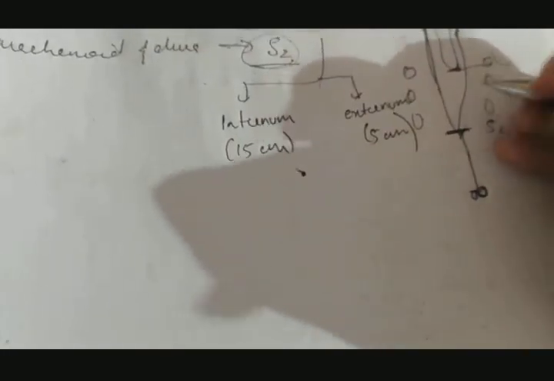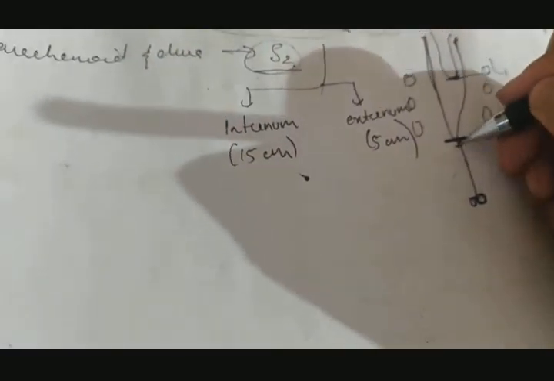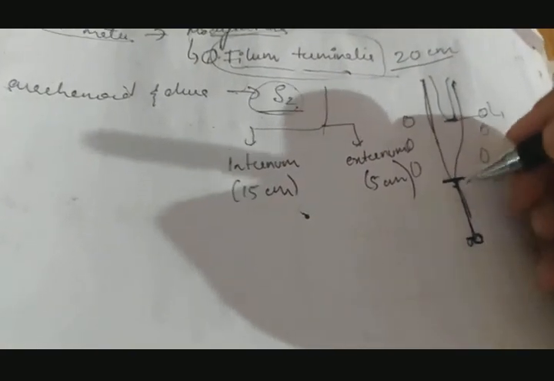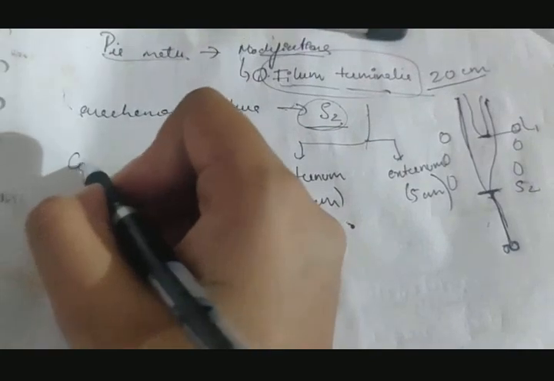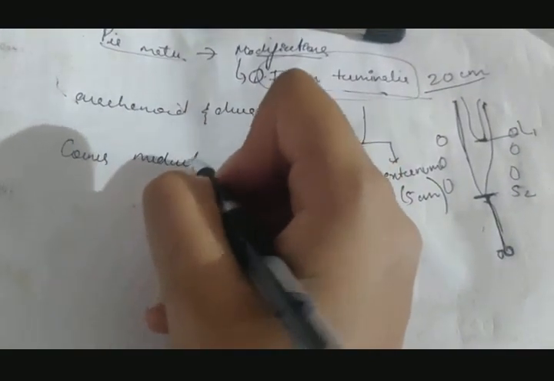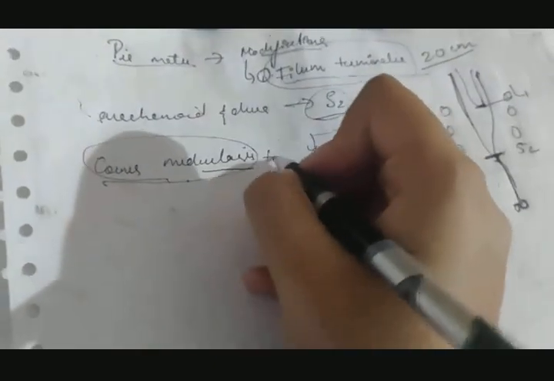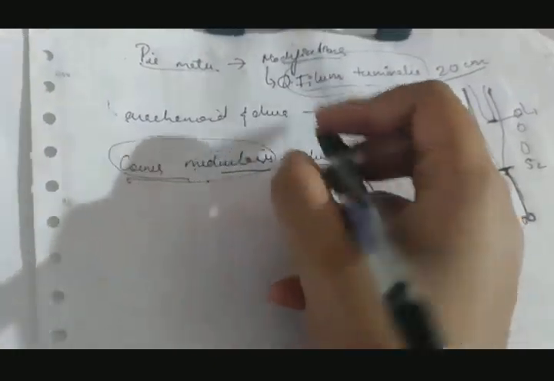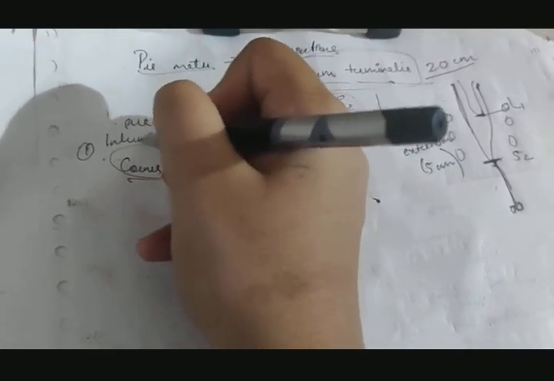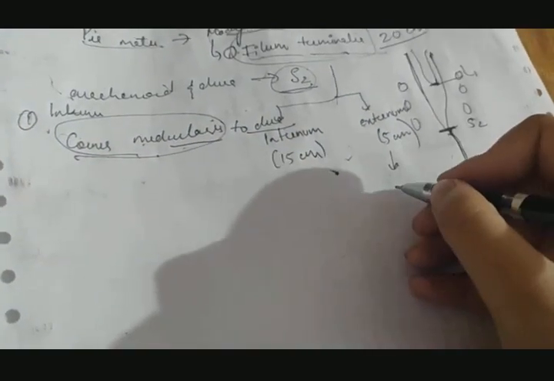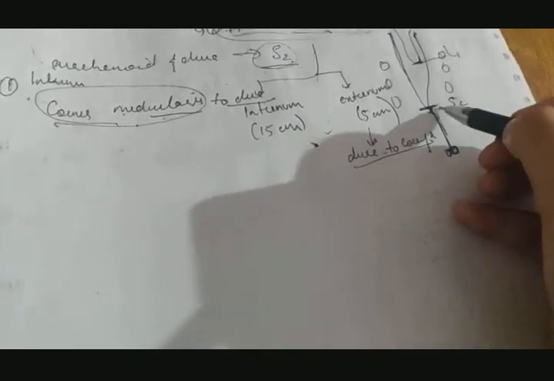From where to where is the internum? The internum is from the conus medullaris, the lowermost end of the spinal cord, to the dura mater. The externum is from the dura mater to the coccyx.